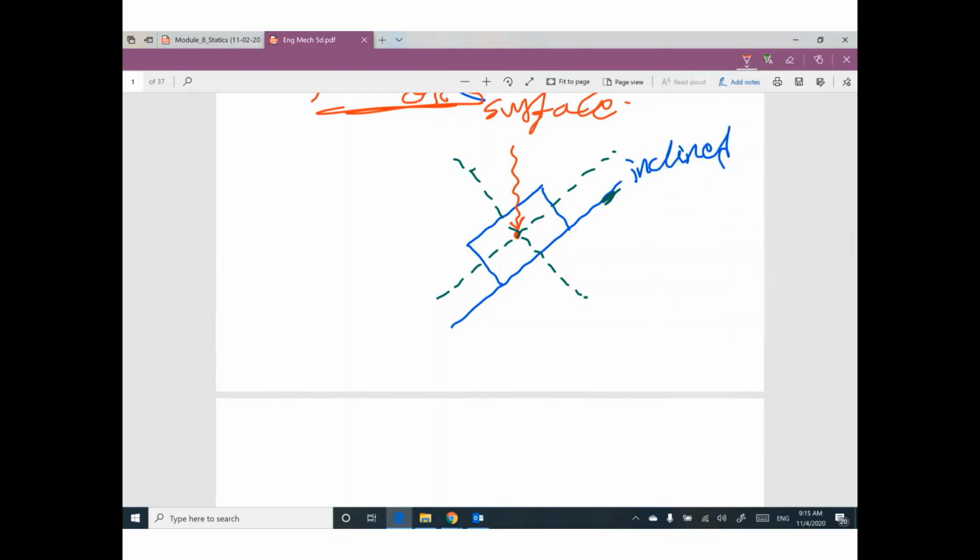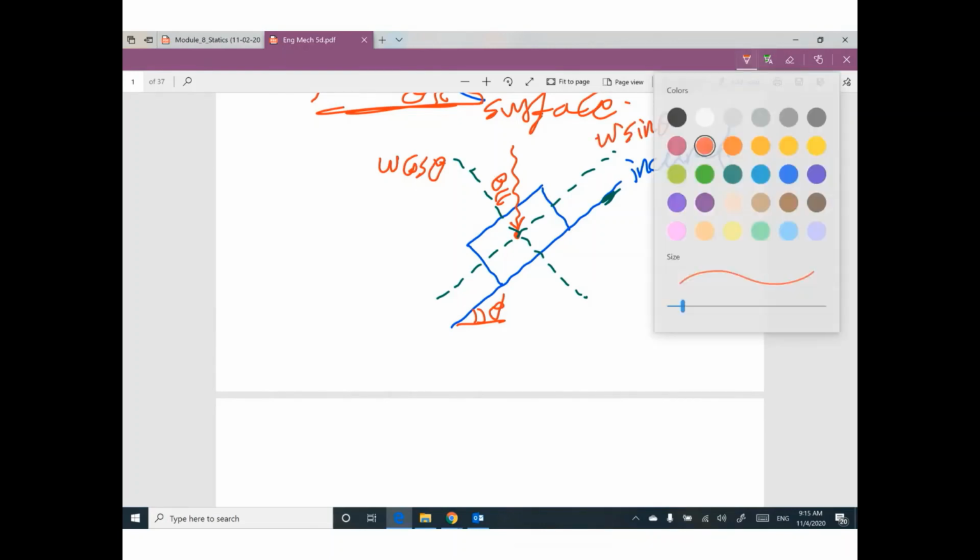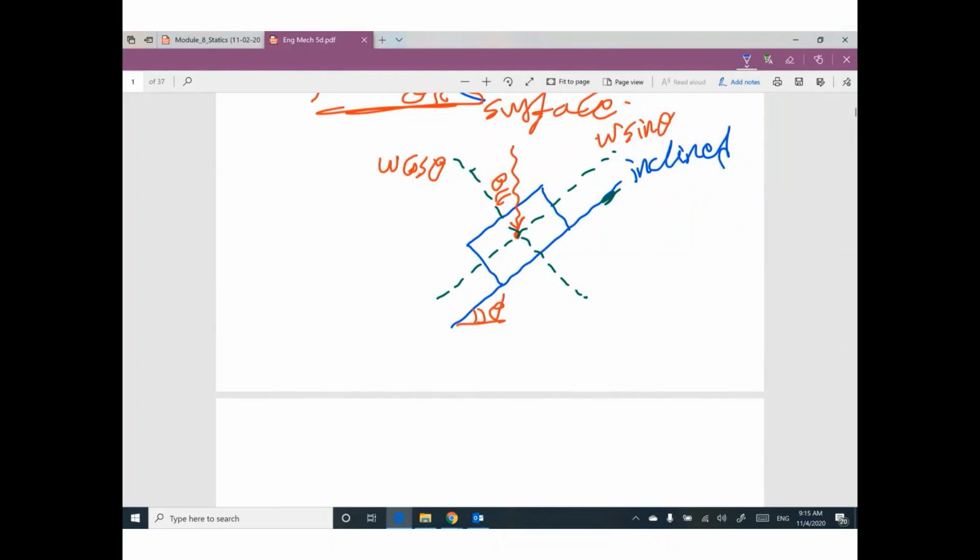So if this angle is theta, this one will be theta. This component will be W cosine theta and this component is W sine theta. So we have a component of the weight in this direction equal to W sine theta.